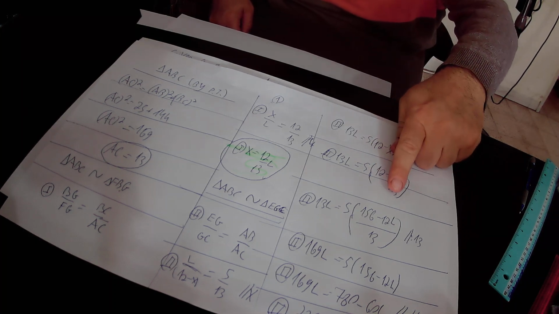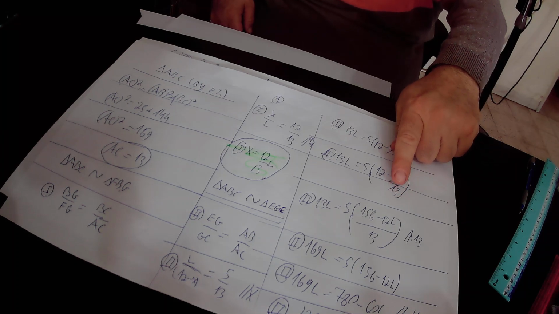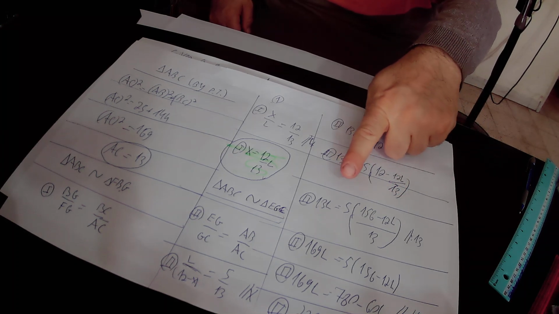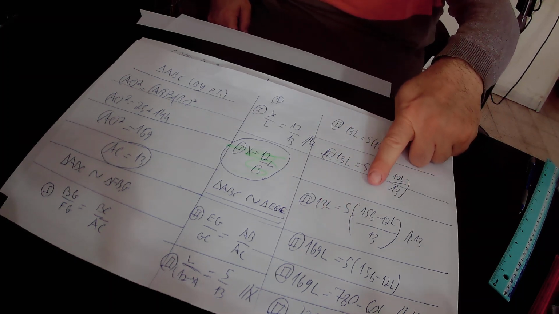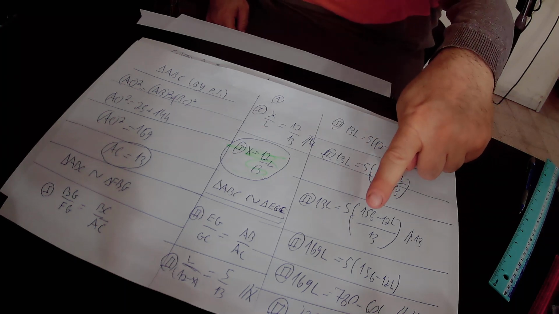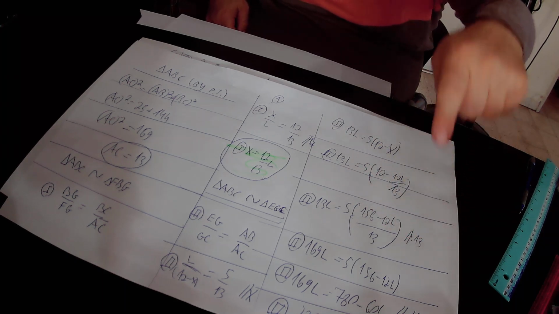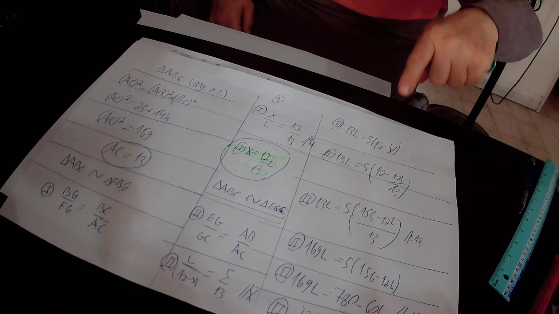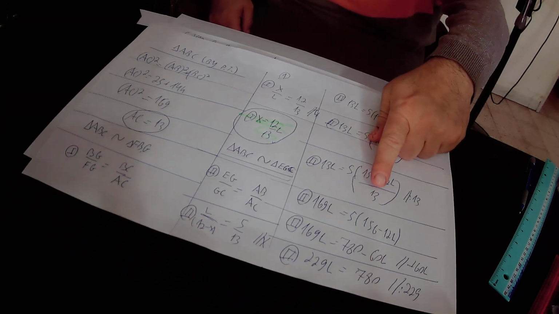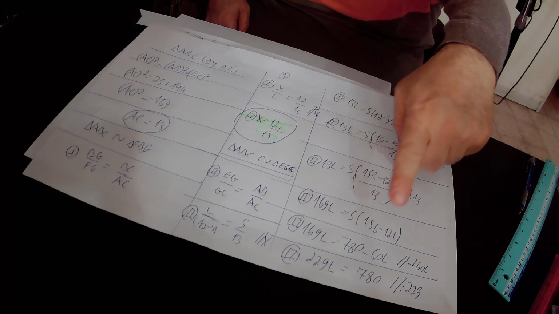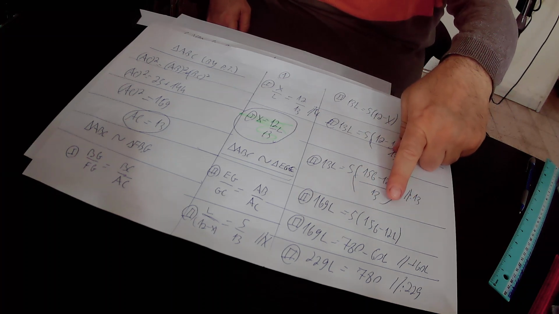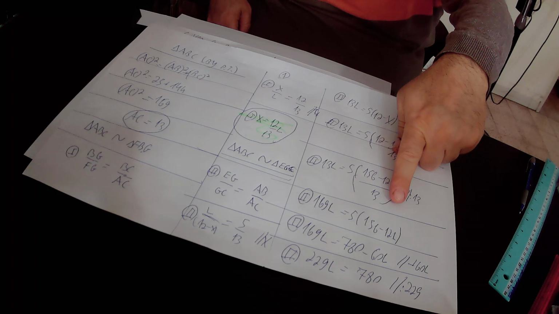Here we multiply this equation by 13 and found out that 13L times 13 is 169L. So 169L equals 5 times 156 minus 12L. Here we open the brackets on this side of equation 2, and found out that 5 times 156 is 780, and 5 times minus 12L is minus 60L.